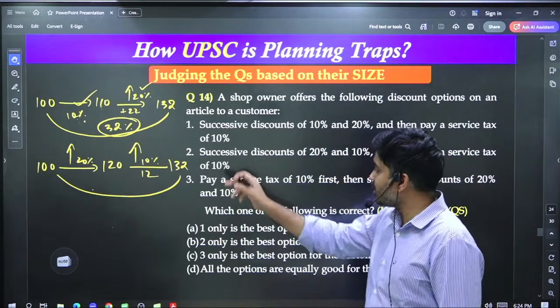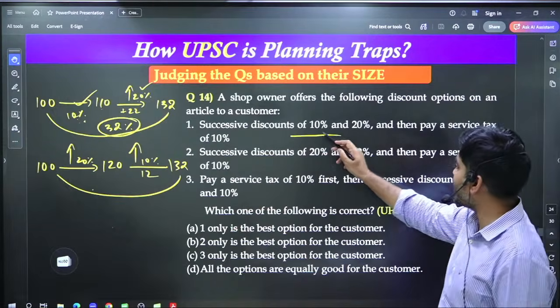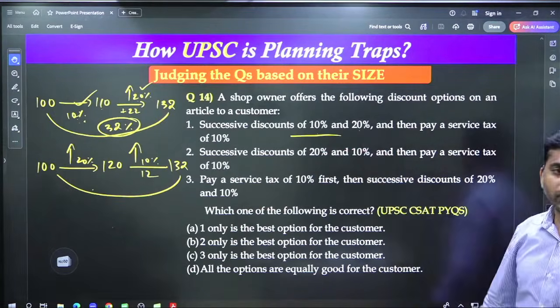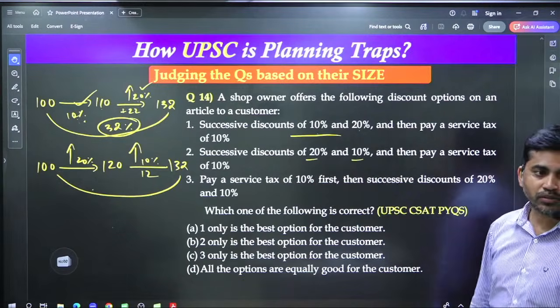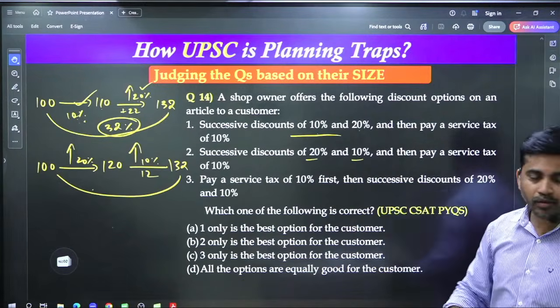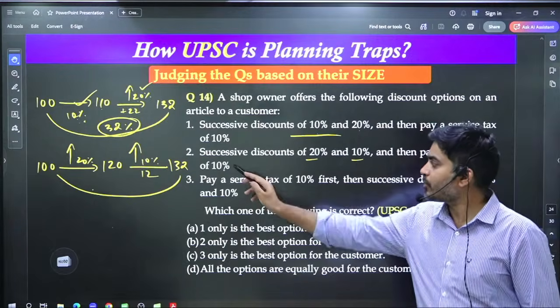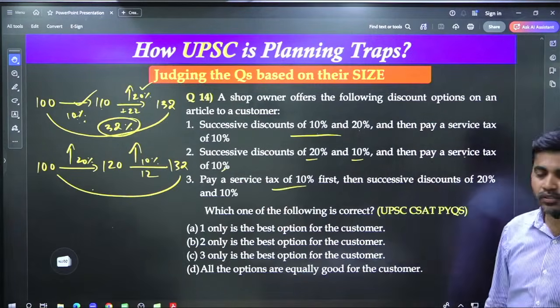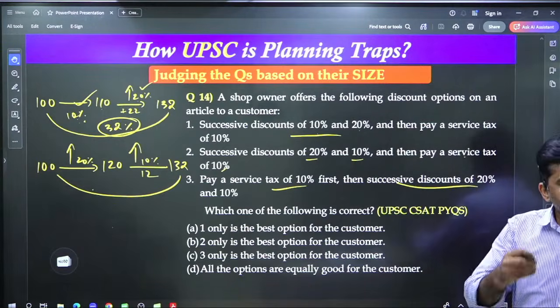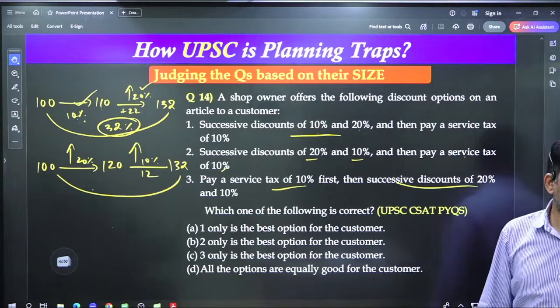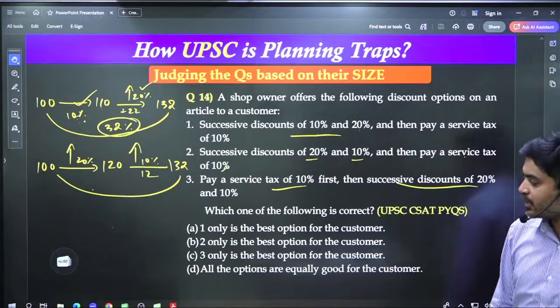Look at the three schemes: 10% discount, 20% discount, then tax is 10. Again in the second question, same discounts, different order, tax is the same. In the third case, you are paying tax first, then the same percentages. Order doesn't matter if the values are the same. That's all. The answer is option D.